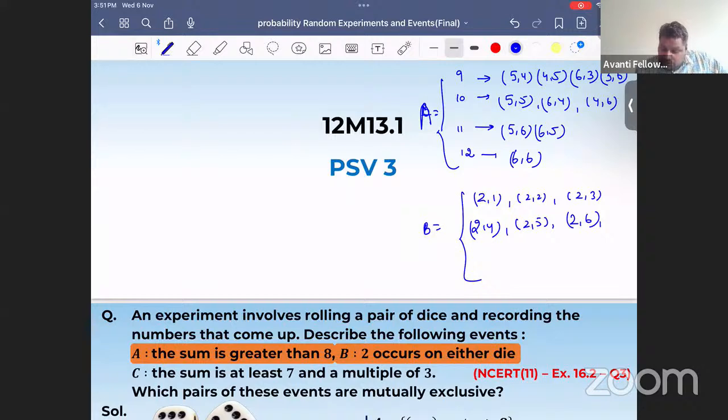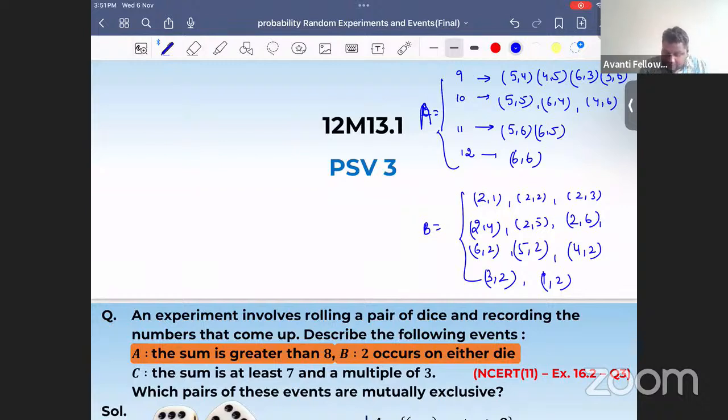Then 6, 2; 5, 2; 4, 2; 3, 2; 2, 2 already came; and 1, 2. So it can occur in how many ways? 1, 2, 3, 4, 5, 6, 7, 8, 9, 10, 11. 11 ways.